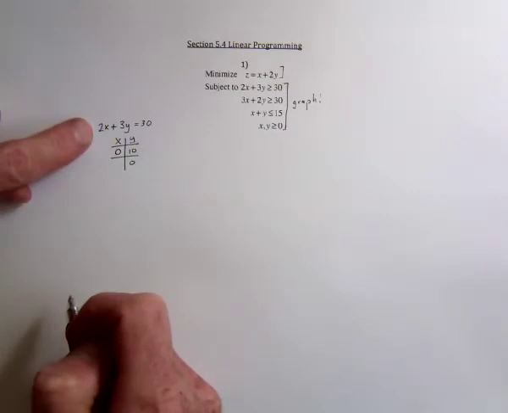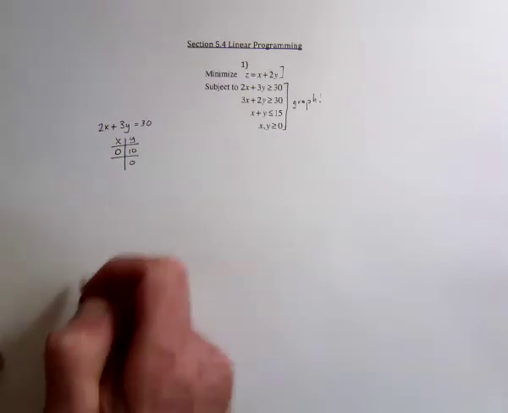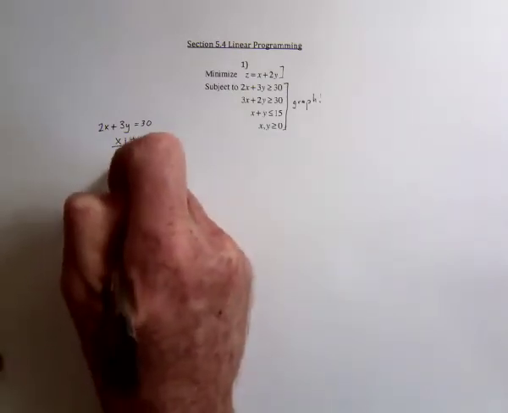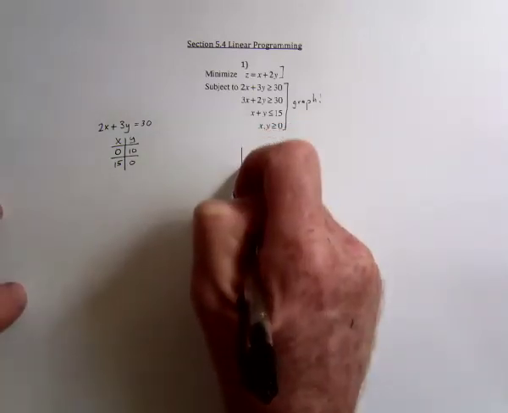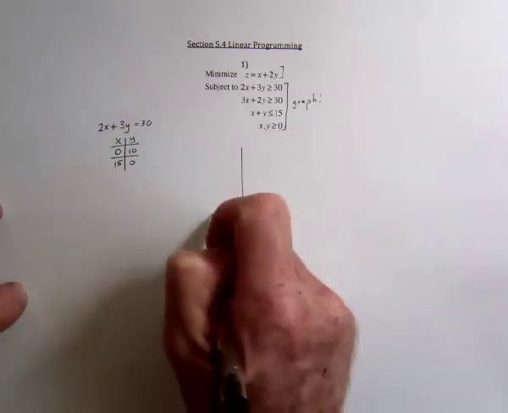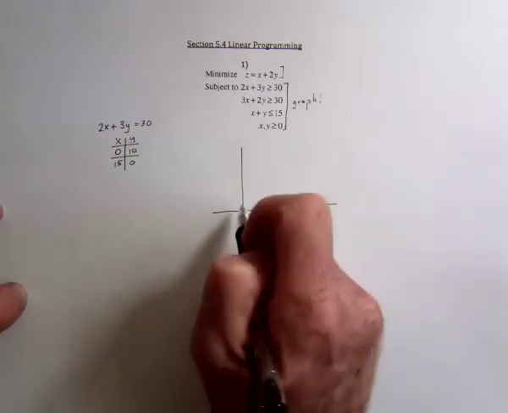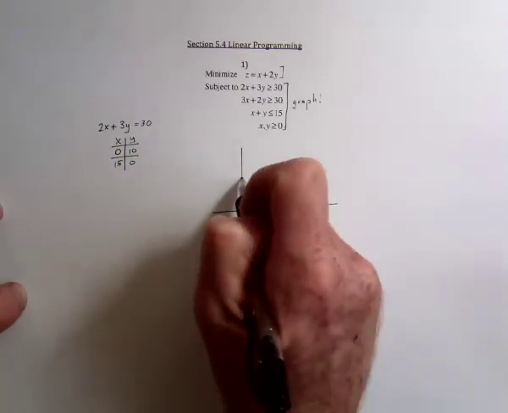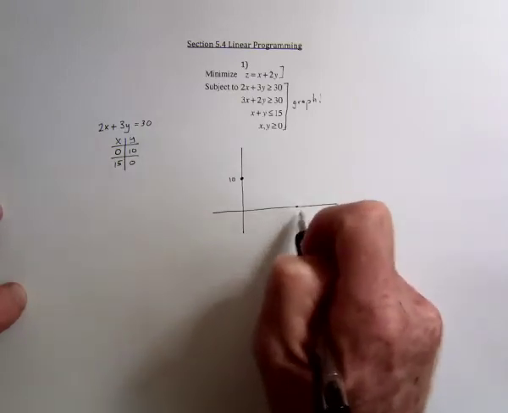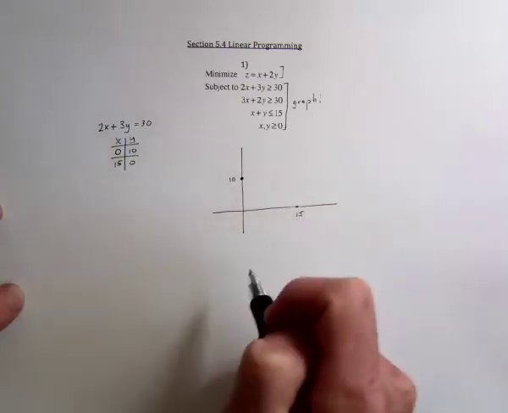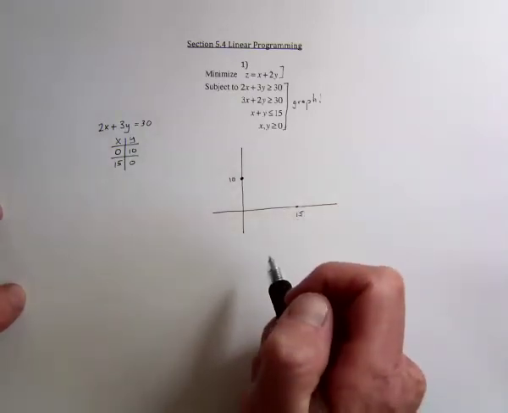And then we'd have 2x equals 30, so 15 for x. And then start graphing. So 0 and 10 for the y-intercept, and then 15 and 0 for the x-intercept.